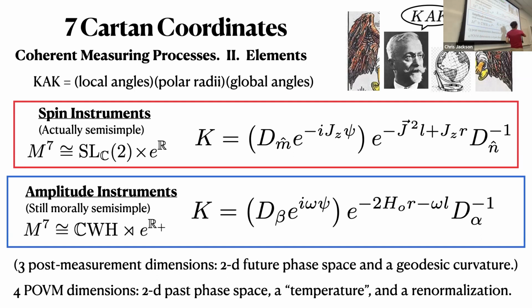You have a displacement operator in a phase space, either a sphere or a plane, in the past and in the future, because the state is something you act on to the right. What you get left then goes through the cross operator on the left. And then there are these three parameters, which are the geodesic curvature. You may not go on a straight line from n hat to m hat, and so you get this factor.